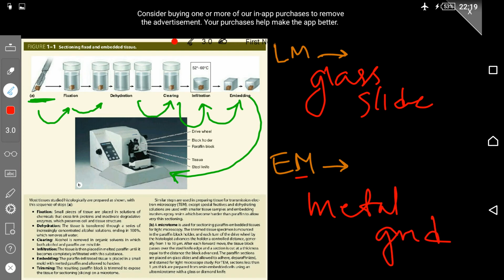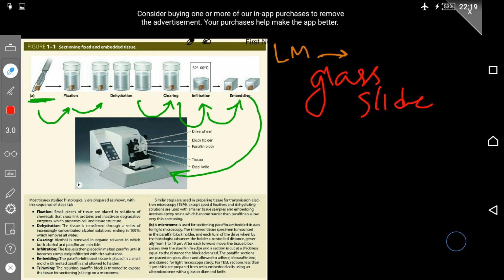So this is said, and it's still not finished. There's another thing that needs to be done, especially in this light microscopy part.